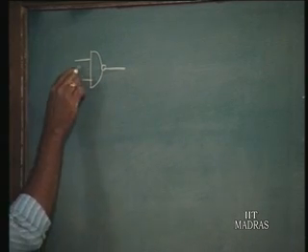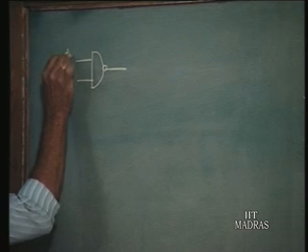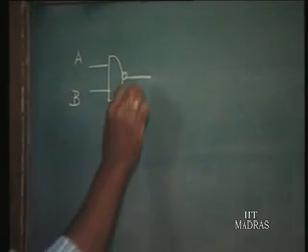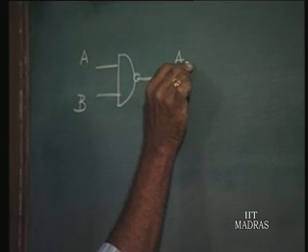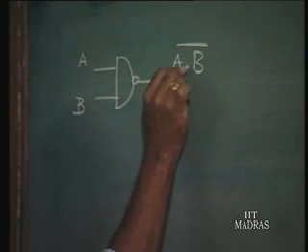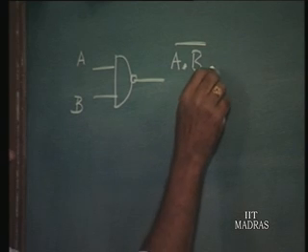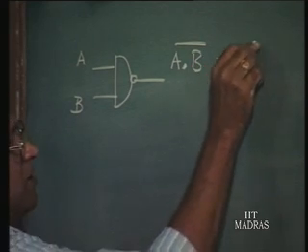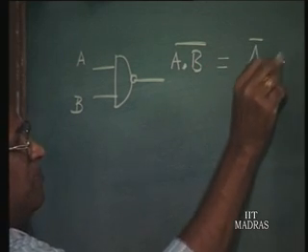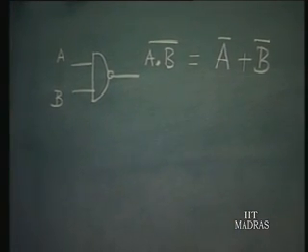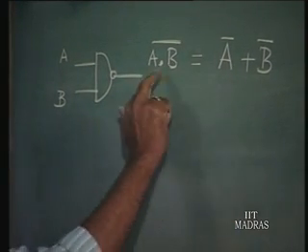Now, we know that if A and B happen to be the inputs, the NAND gate output will be A and B the whole bar, which again by De Morgan's law is nothing but A bar or B bar. Now, this particular thing must suggest something to you.